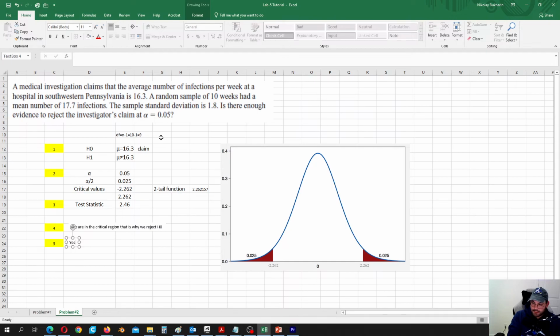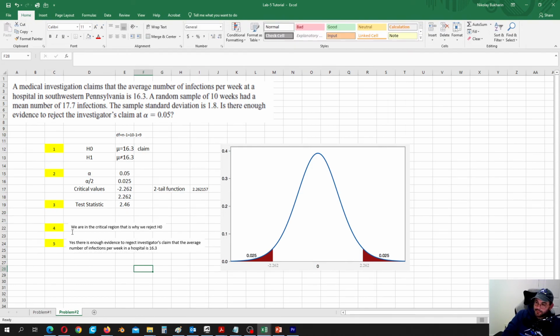Yes, there is enough evidence to reject the investigators' claim that the average number of infections per week in the hospital is 16.3. Okay, that's it.